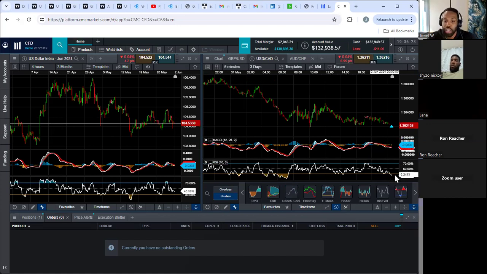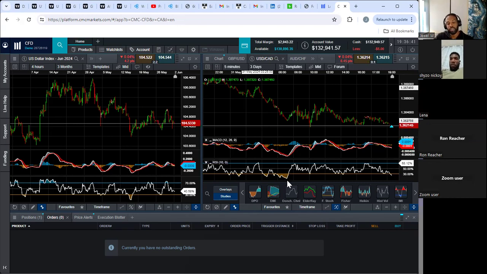So do you guys want to try a demo trade now then? And then send me a screenshot once you make your trade. And send me a screenshot of your RSI indicators also.